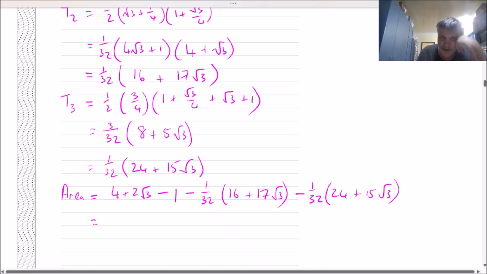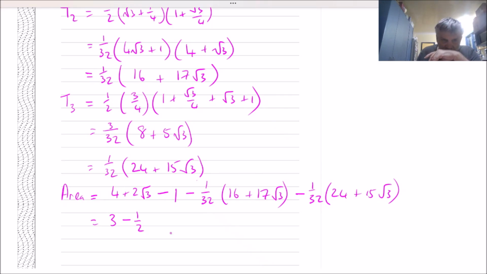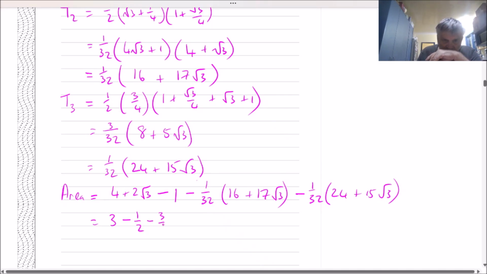So this 4 minus 1 is 3. 16 over 32 is minus a half. 24 over 32 is 3 quarters. And here we've got 2 root 3, and we've got minus 17 root 3 over 32, and we've got minus 15 root 3 over 32.